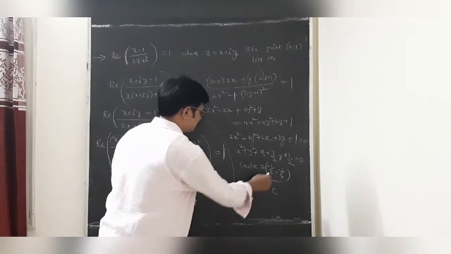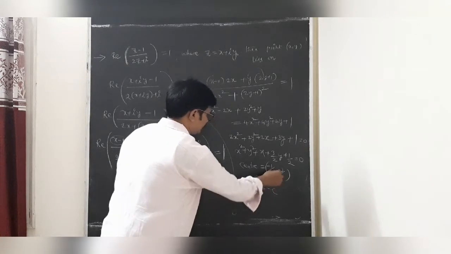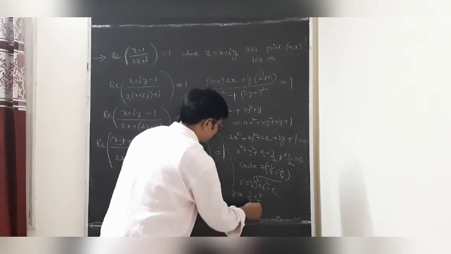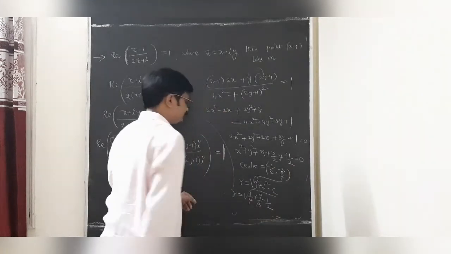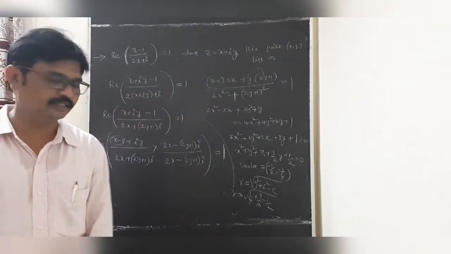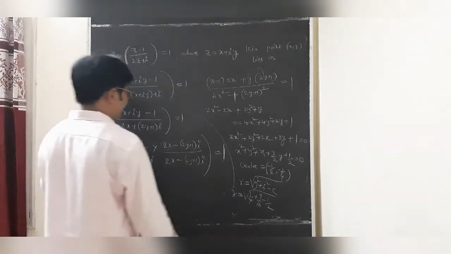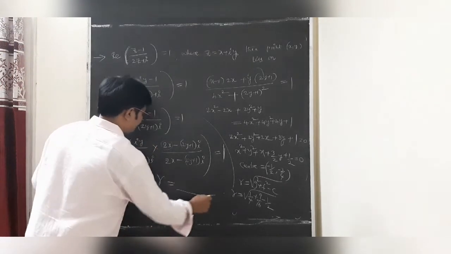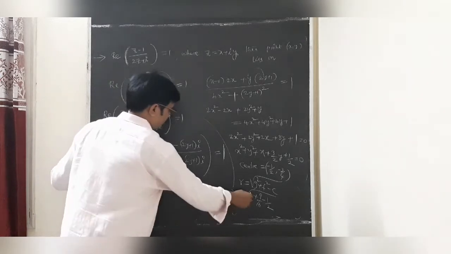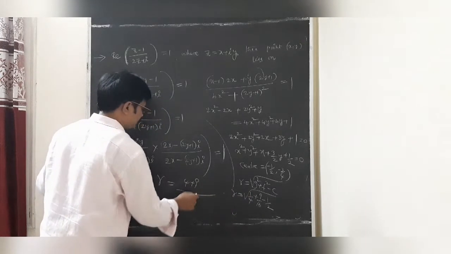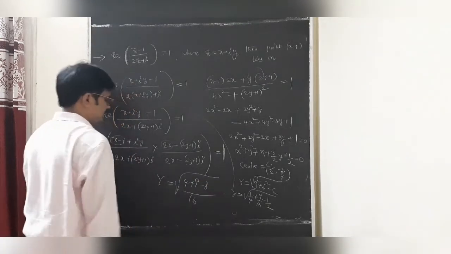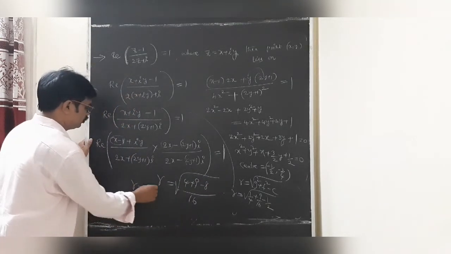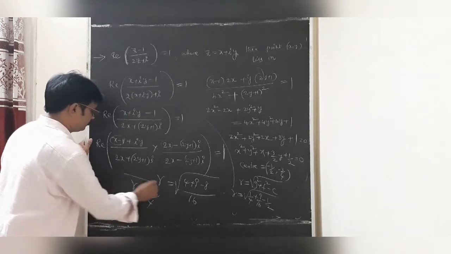This is what students? The g square is 1 by 4, f square is 9 by 16, minus c, minus 1 by 2. Okay students? So dear students, here we are taking the common denominator 16. 4 4s are 4 plus 9 minus 8. This is what students? This is r equal to root of 5 upon 4.